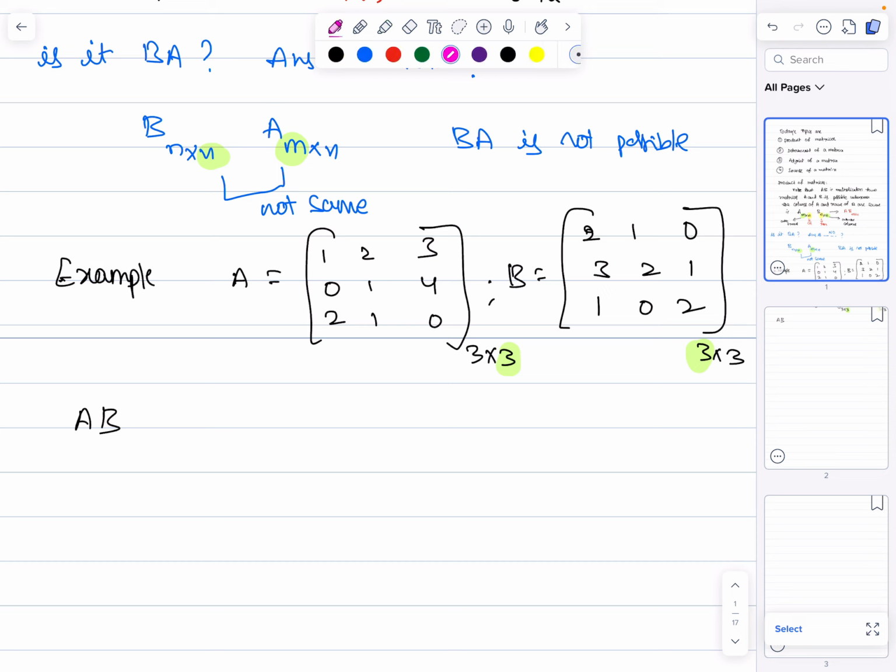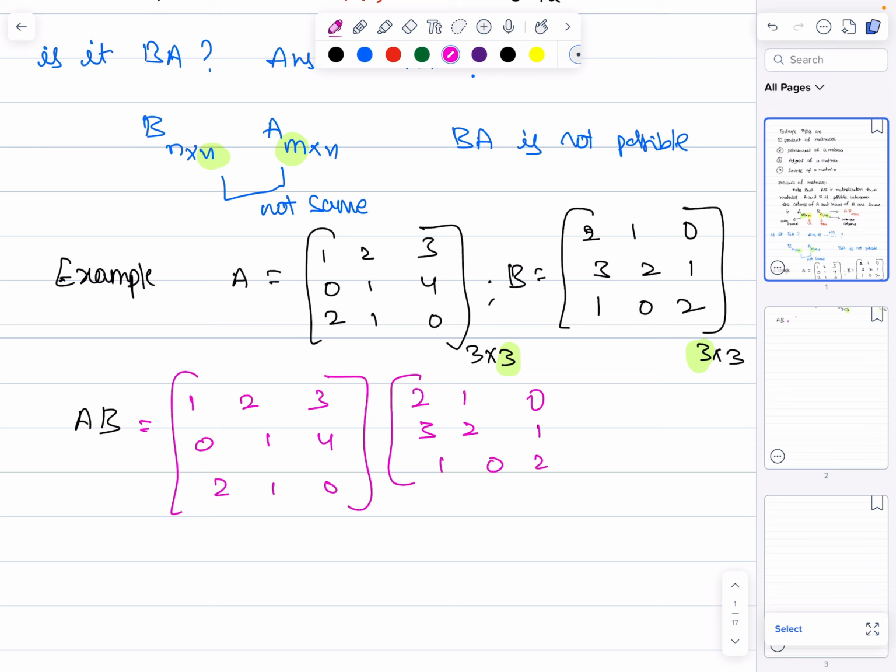To calculate AB, you write 1, 2, 3, 0, 1, 4, 2, 1, 0 multiplied with 2, 1, 0, 3, 2, 1, 1, 0, 2. Now, you multiply this row with this column: first element with first element, second element with second element, and move on.